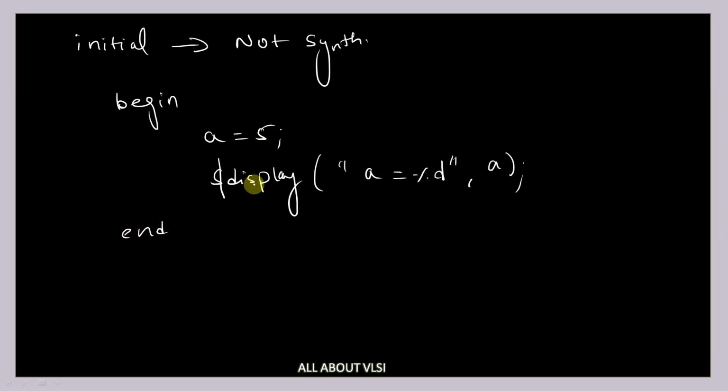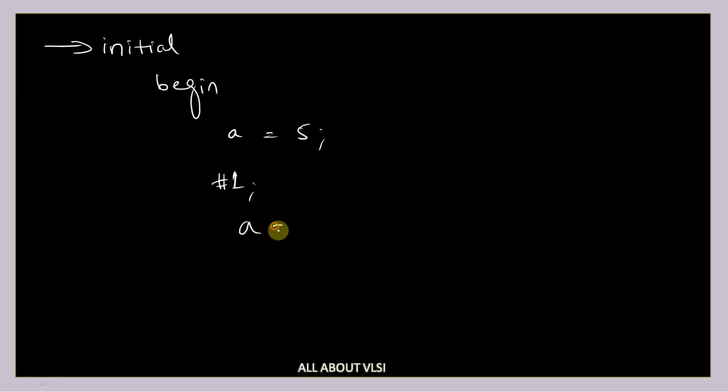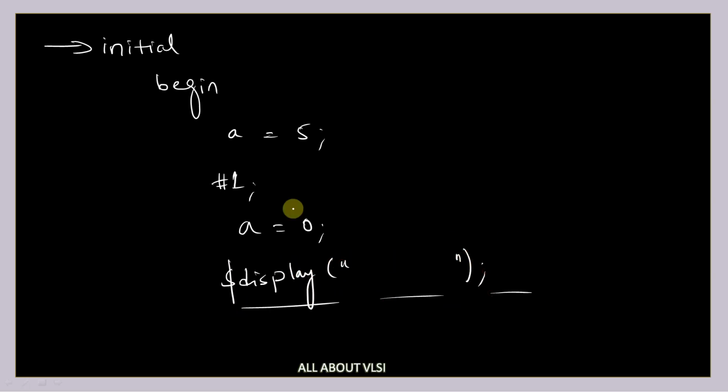Now let's say you write initial begin, a = 5, #1 a = 0, and then $display the value of a. It is going to display the present value, that is a = 0.